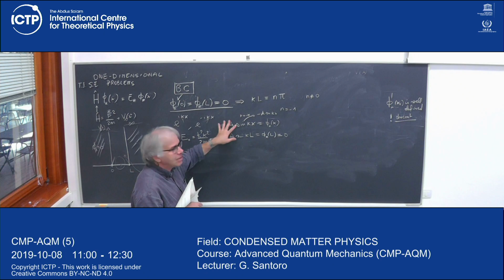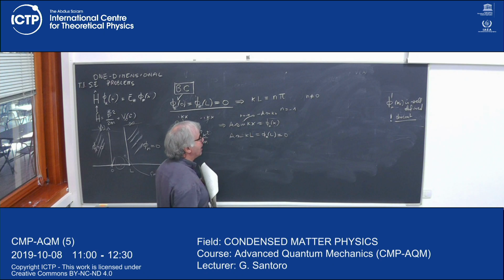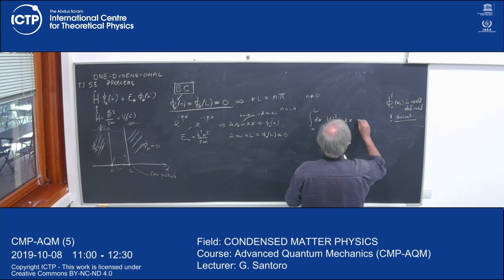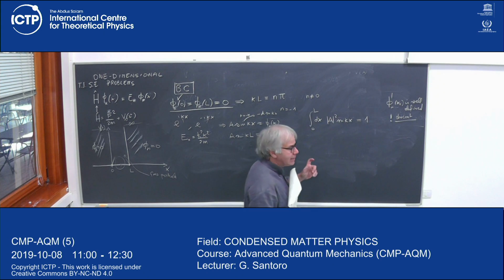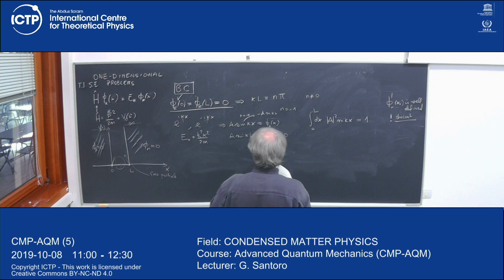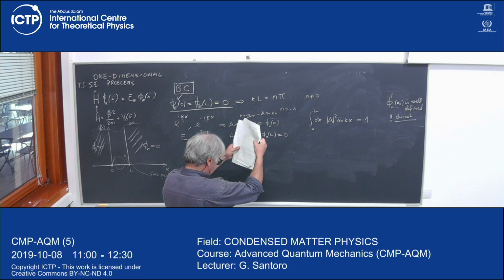So the requirement, in other words, is that the integral of the modulus square of A sine of kx, calculated between 0 and L, should be 1, right? A modulus square, it doesn't matter if there is an i, if there is anything you want. And in fact, if you calculate the corresponding coefficient, I think it is square root of 2 over L. Yes, is this right?